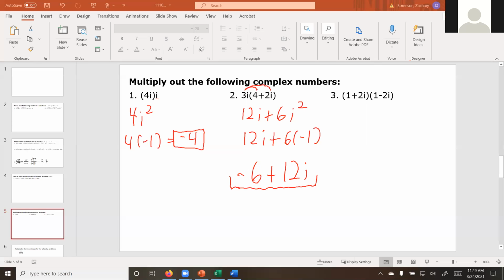Okay, so notice here, I have 1 plus 2i, I have 1 minus 2i. This whole thing is the exact same thing as this second binomial, the only difference here is the middle. Does anyone know what we call those things? This pair of things. They're related somehow, and they have a fancy name about how they're related.